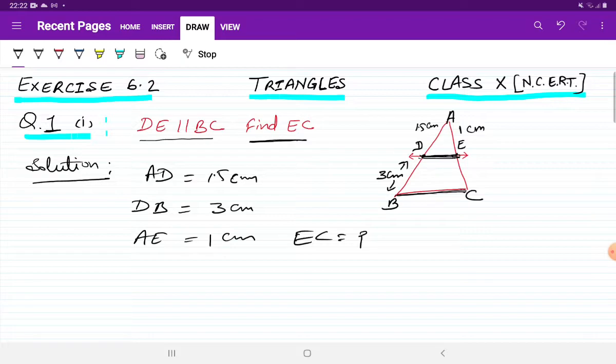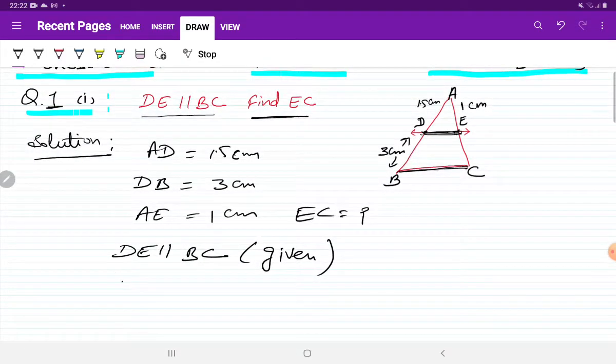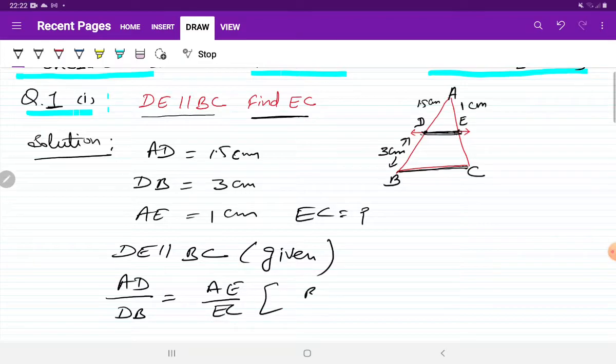So here DE is parallel to BC, that is given. Now if DE is parallel to BC, according to Thales theorem, side AD upon DB is equal to side AE upon EC. This is according to the statement of the basic proportionality theorem.